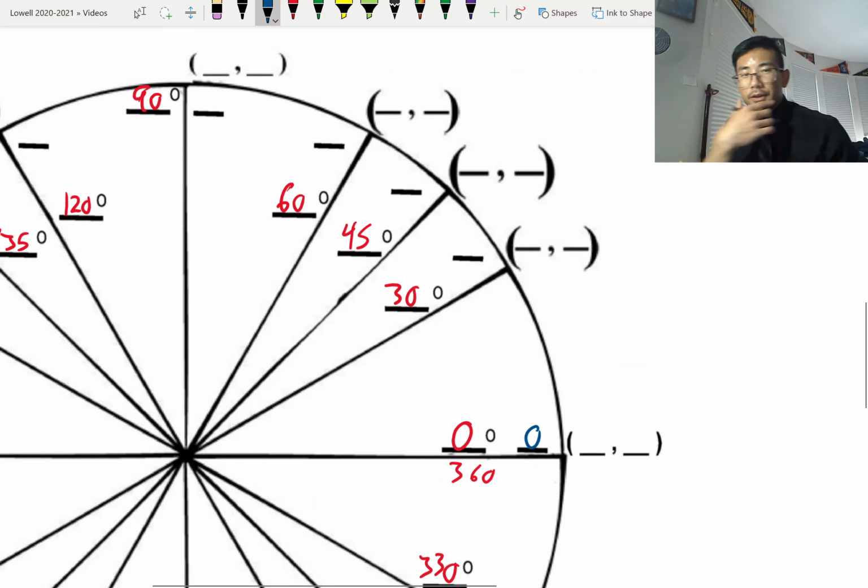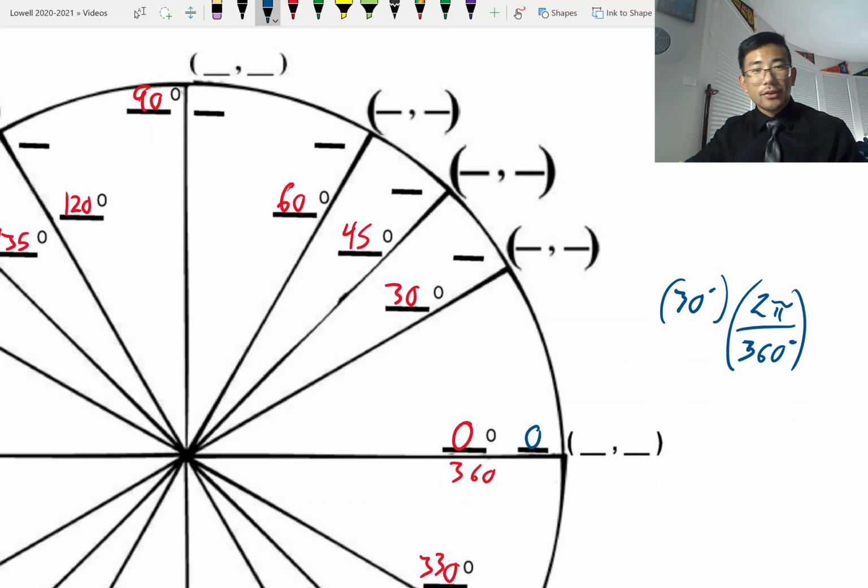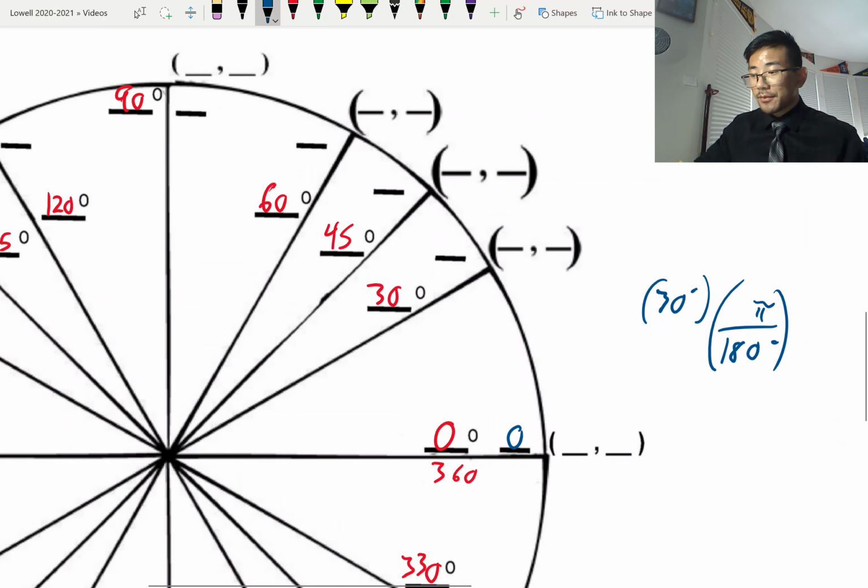Now remember, my conversion factor from degrees to radians would be times 2 pi over 360 degrees. Also, instead of using 2 pi over 360, you could use 1 pi over 180, the exact same thing.